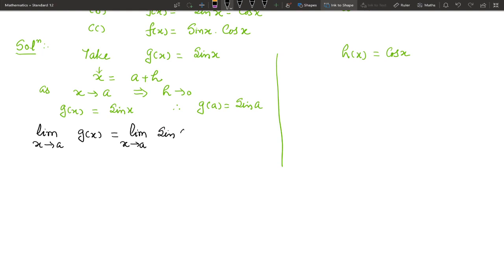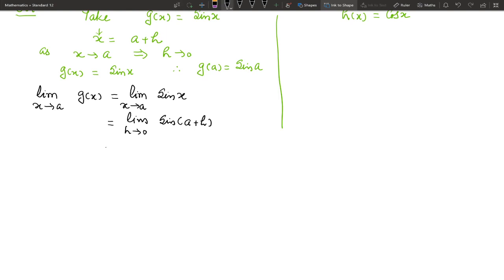But we have taken x equal to a plus h. So first we take x as it is, g of x equal to sin x. Now limit x tends to a, sin, take x equal to a plus h. So as x tends to a, h will tend to 0.